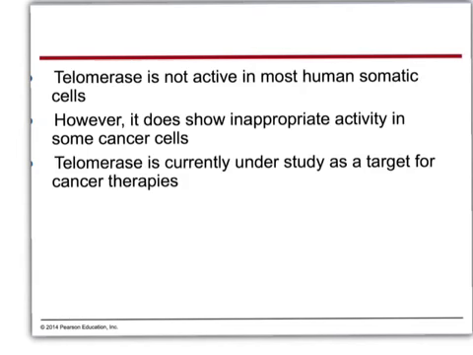And telomerase is also currently a target for chemotherapy. The idea is stop telomerase activity in cancer cells, they will age, and then they'll die off normally, rather than having to poison all your cells in the body.